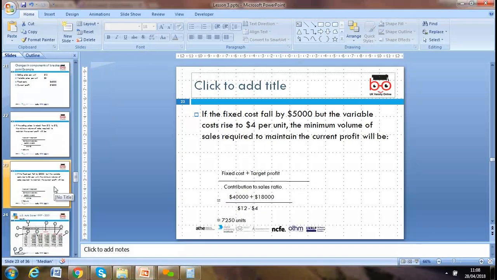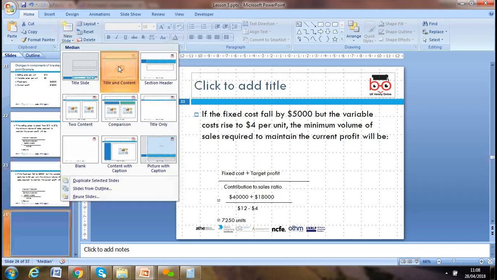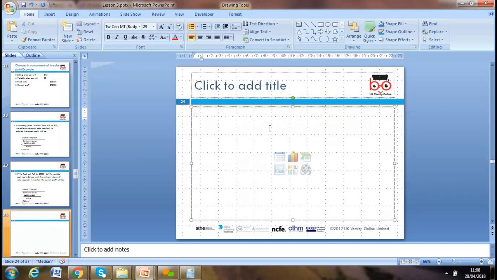I can drop this slide for you: sales, or we call it revenue, minus total cost equals profit.